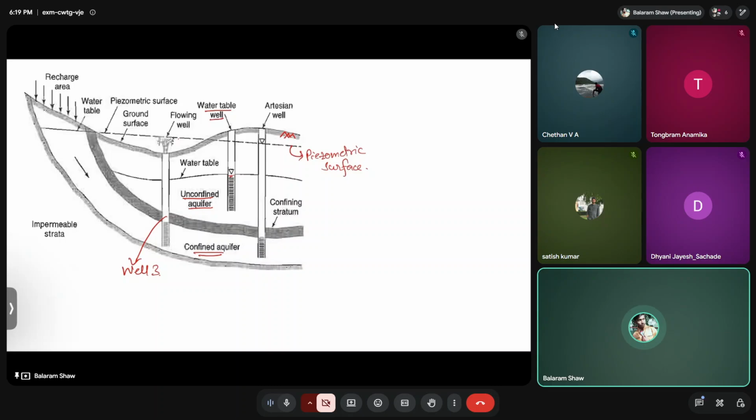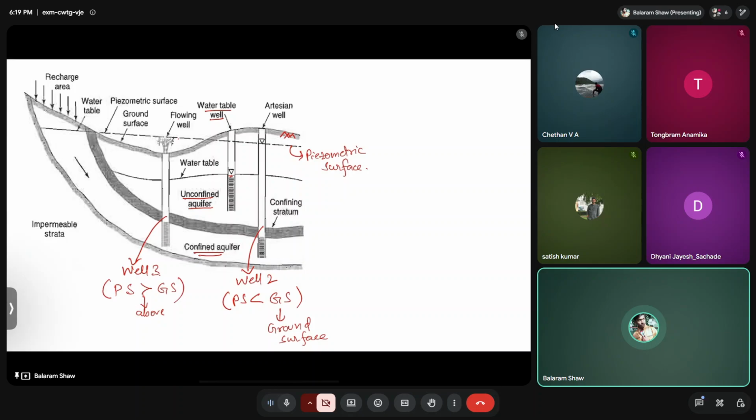So for well 2, the piezometric surface is lower than the ground surface. This we call the ground surface. Whereas in well 3, our piezometric surface is above the ground surface, and hence there is a flowing well, because of which we call it an artesian well.